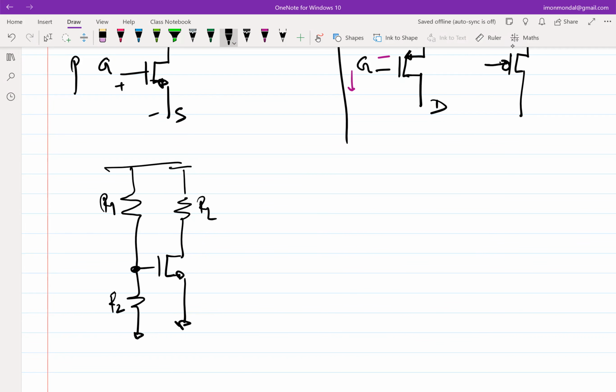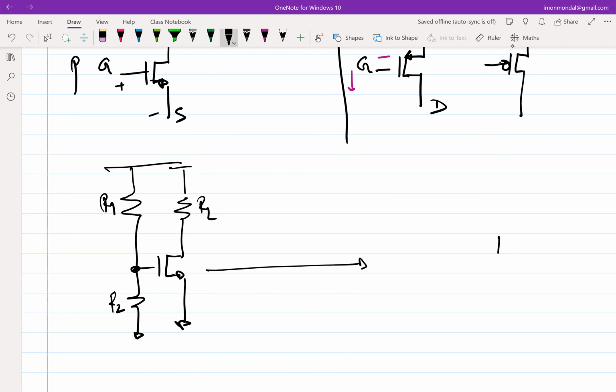You have figured out how to bias this particular configuration, but you want to do the same thing in case of a PMOS. As I said, you can again write the equations, figure out what the limits are, what the values of R1, R2, RL are. But the other thing you can do is to say, hey, I already know this. So I'll just simply replace this NMOS with a PMOS.